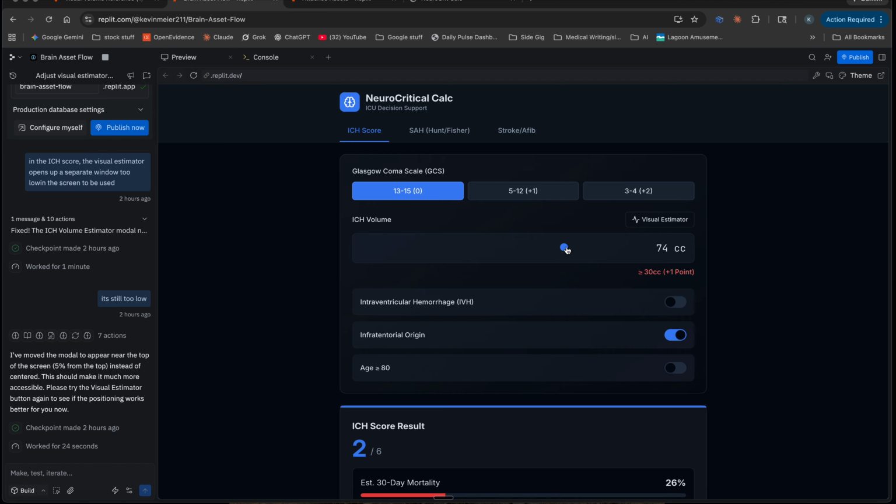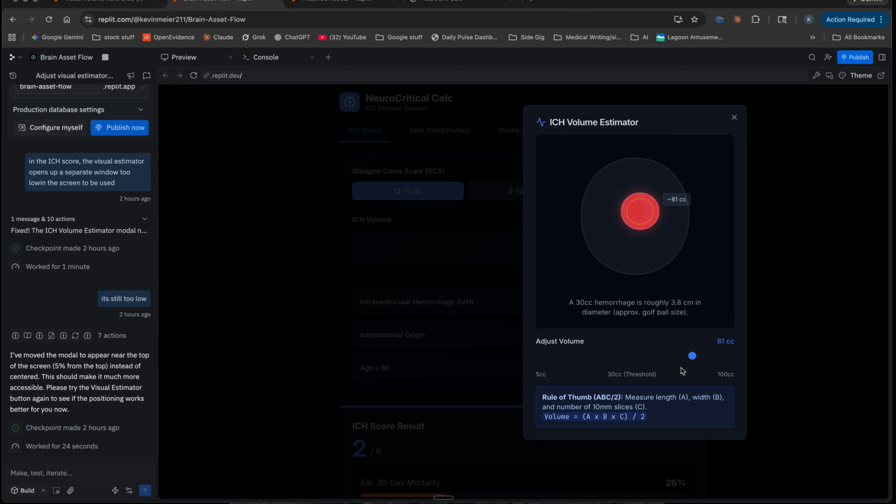Their interpretation of the ICH volume is kind of interesting. It's kind of a little scale that you scroll to get to the actual volume. The visual estimator I thought was very creative, but pretty unusable since it's a cartoon and not very verifiable.